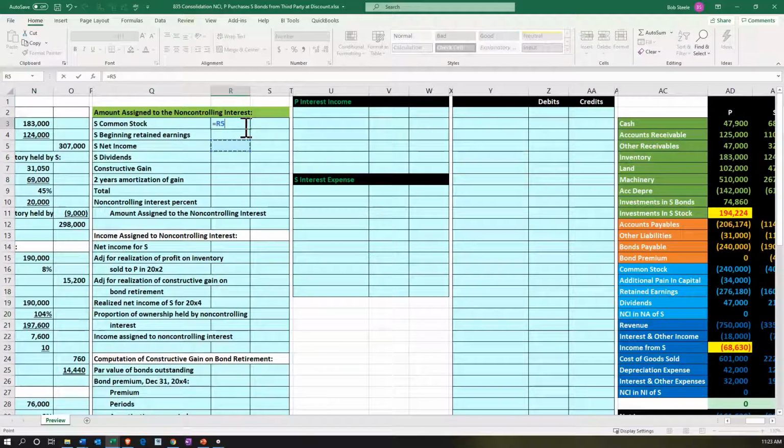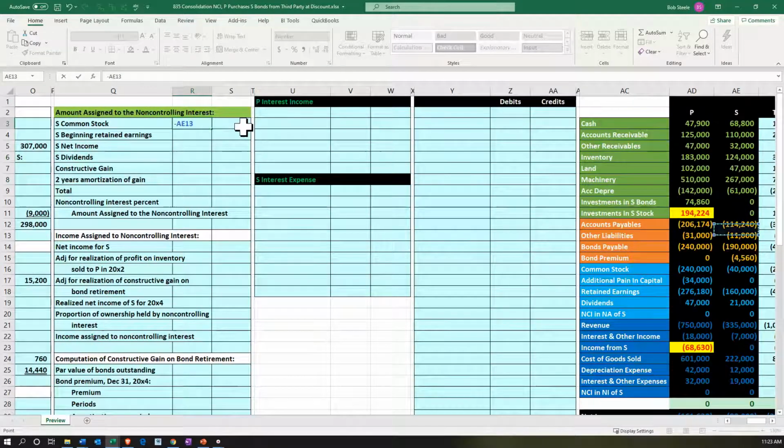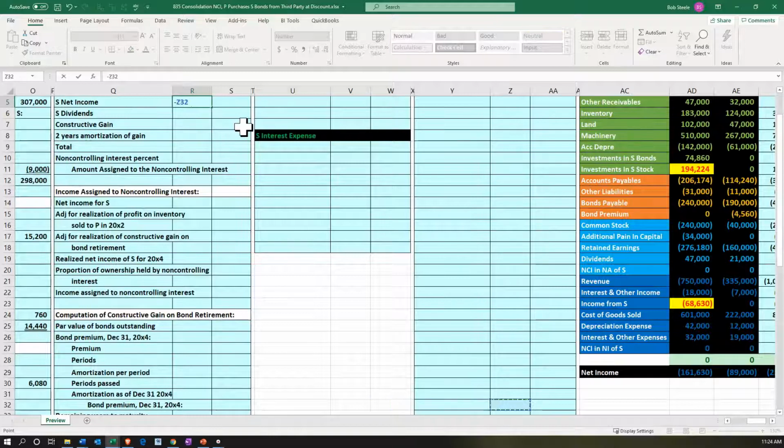So I'm just going to be adding up the equity section just as we would with a journal entry format. I'm going to take the common stock for S, so the 40,000. The beginning portion of retained earnings for S at the 160,000. Then I'm going to pick up the net income. I'm picking up all of equity, so the net income, which is calculated down here.